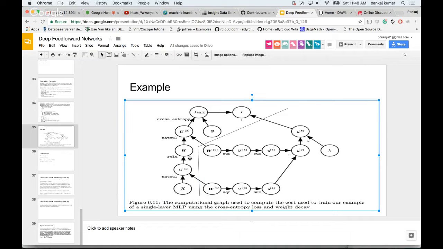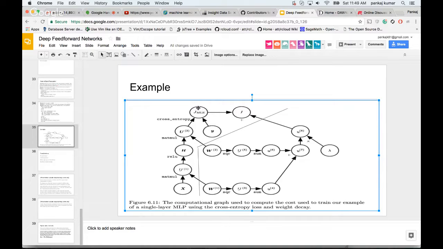Here you are given x, and then there is a linear function, and then a ReLU, so there are hidden activations, and then another linear function. This looks like just matrix multiplication, and then there is a cross entropy cost with respect to the actual y that the training set gives.